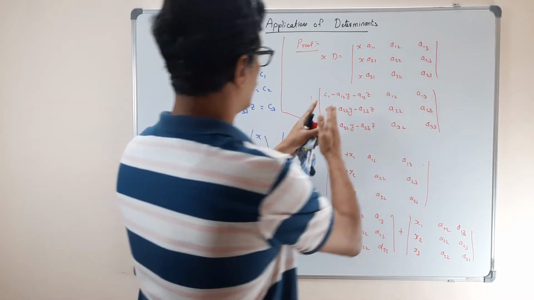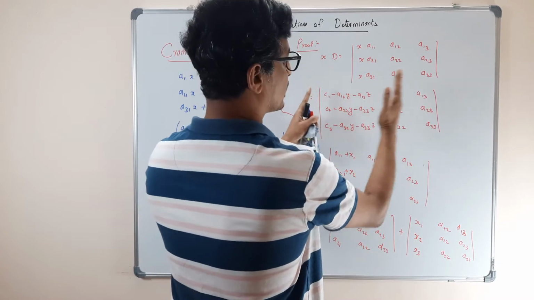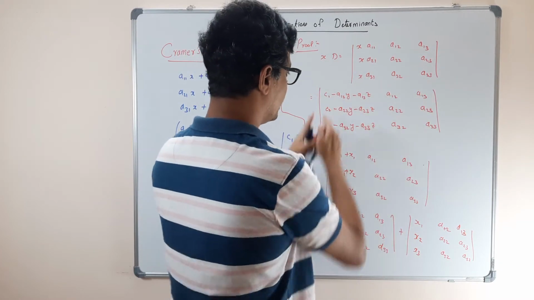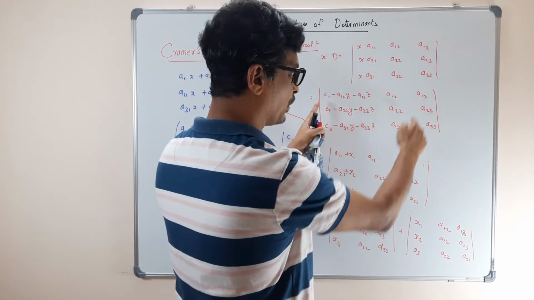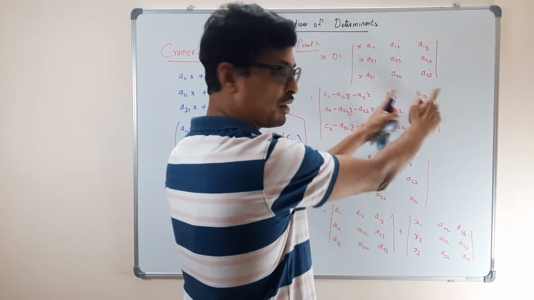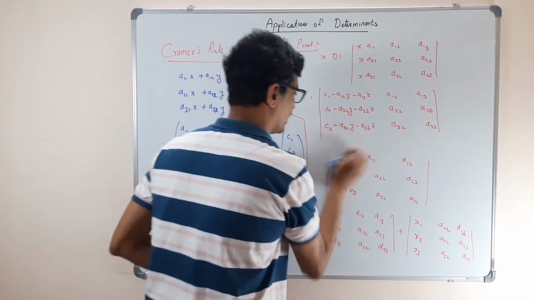So then we can write this as a sum of three determinants, correct? C1, C2, C3, a12, a13, minus this one, minus this one, correct? So let us write it down.